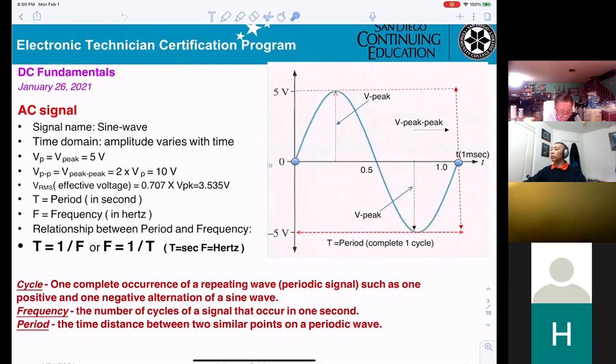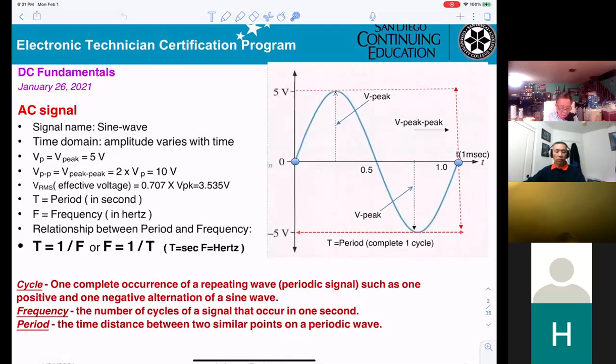The relation between period and frequency is T equals 1 over F, or F equals 1 over T. So if you measure T, you're able to calculate F. In this formula, T must be in seconds and F must be in hertz.